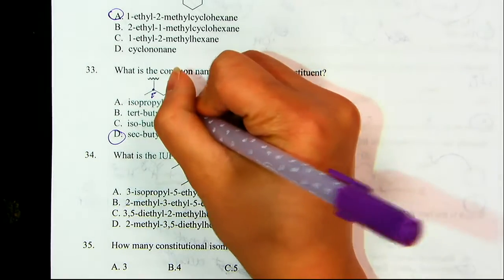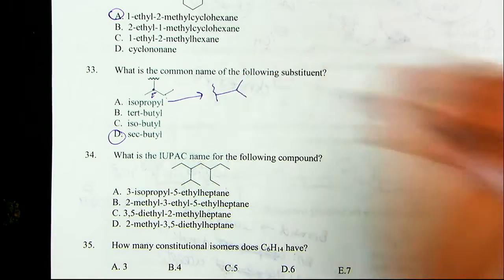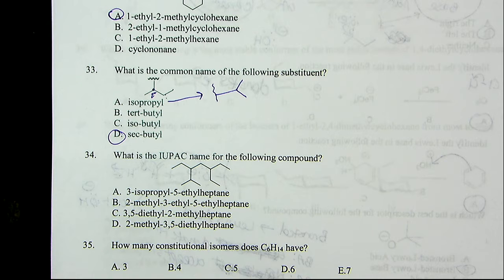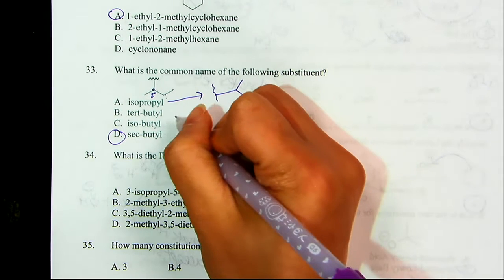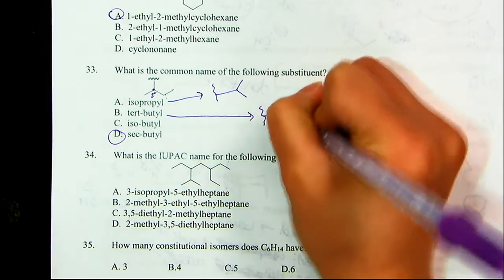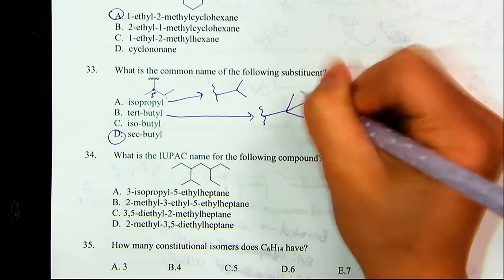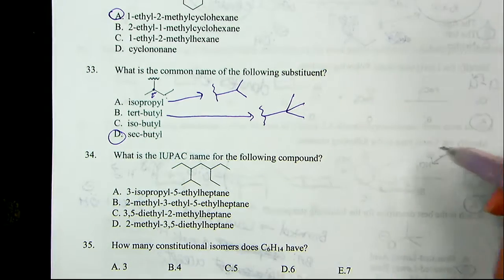So isopropyl is going to be, here we have the parent chain, and it has 3 carbons coming off of it. Tert-butyl, we have 4 carbons coming off of it. 1, 2, 3, 4 coming off of the parent chain.